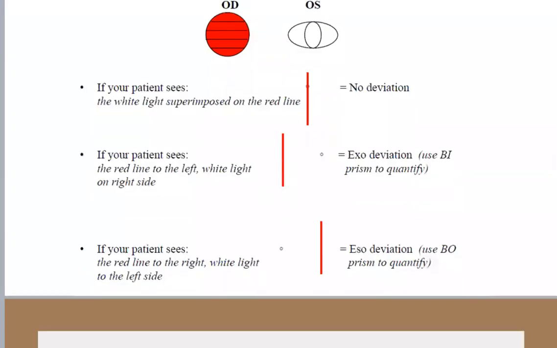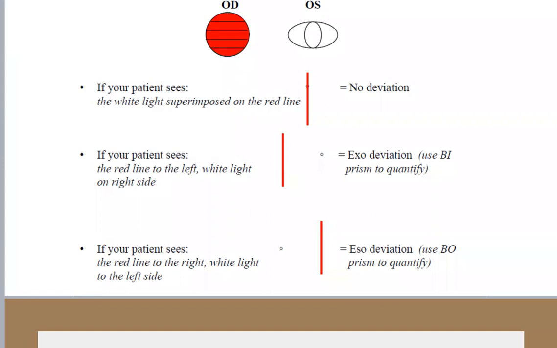So let's talk about the possibilities here. About the horizontal deviation, here I don't have any deviation because the line is on the dot, or the dot is on the line. And what is the philosophy of Maddox rod? It is dissociation between the right and the left eye. If I dissociate the right and the left eye, I'll get the brain in a holiday.